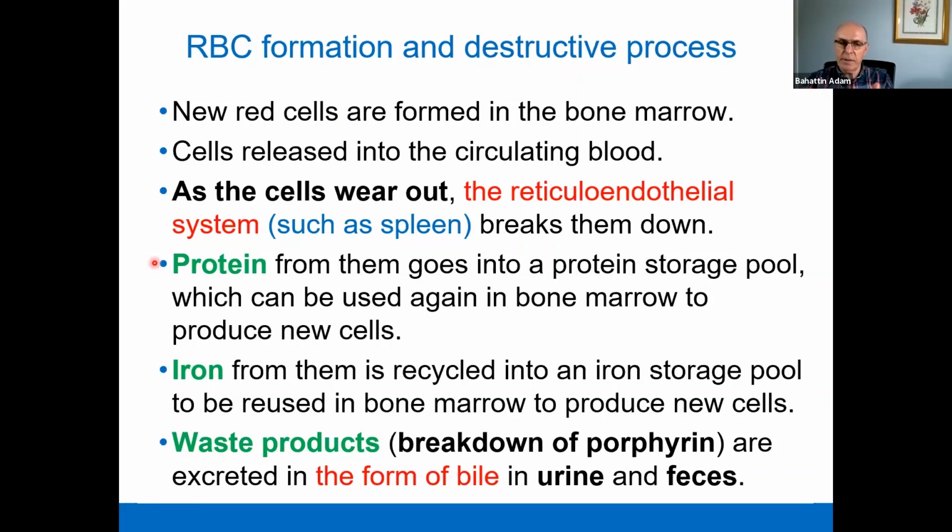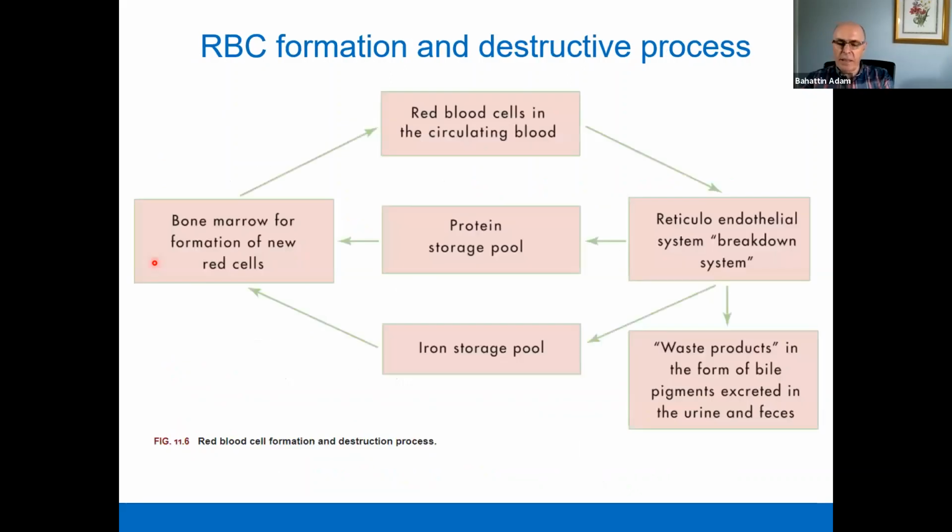And the iron part of the hemoglobin is recycled into iron storage to be reused in the bone marrow, and the waste of the erythrocyte, which is a breakdown of the porphyrin ring, is excreted in the bile and urine.